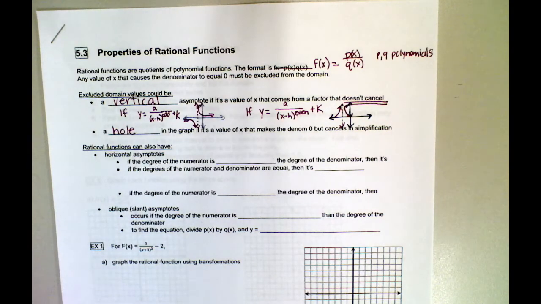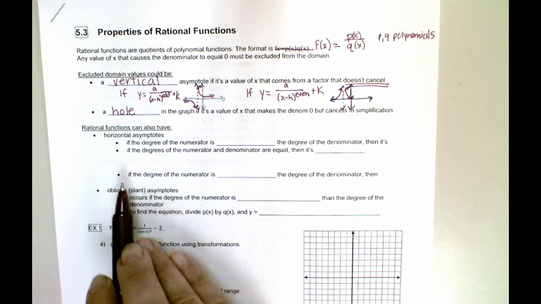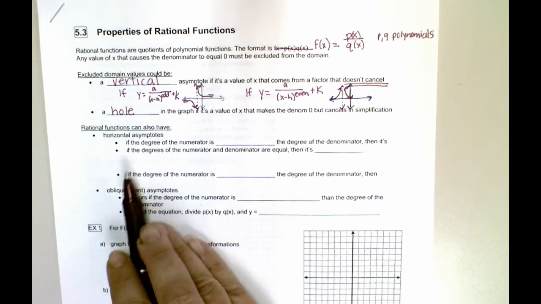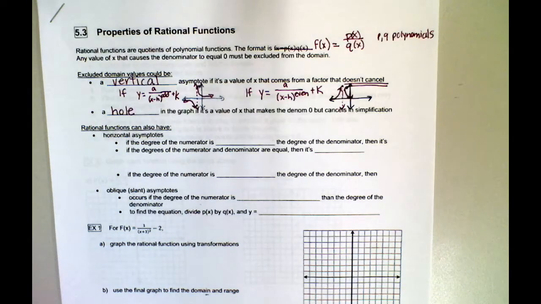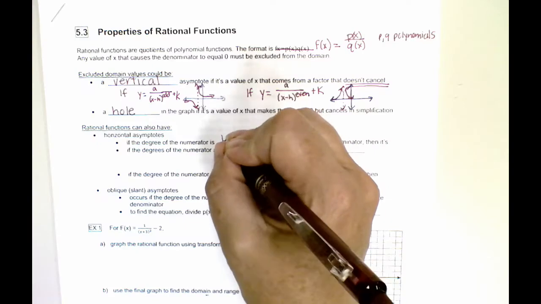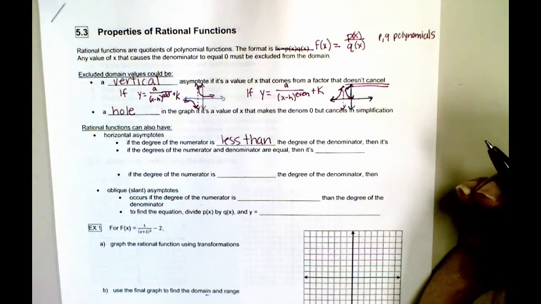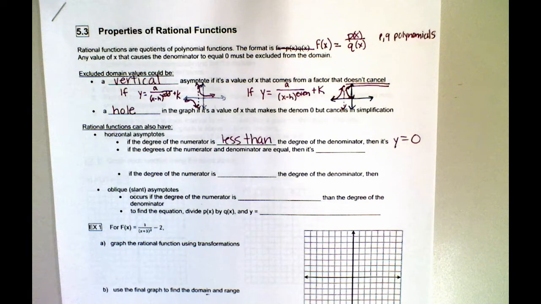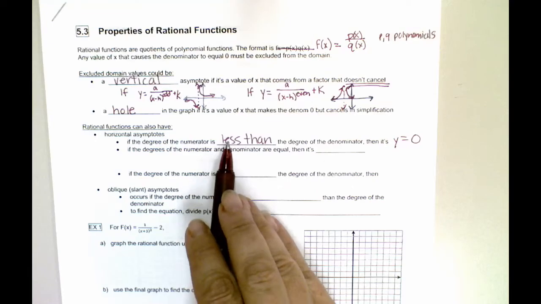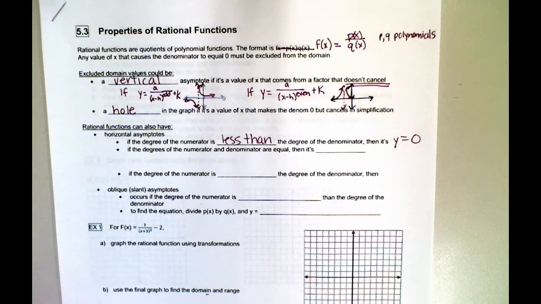So in addition to vertical asymptotes and holes in the graph, rational functions can also have horizontal asymptotes. Here are the rules, straight from Algebra 2, on horizontal asymptotes. If the degree of the numerator is less than the degree of the denominator, then it's y equals 0 for the horizontal asymptote every time. So if the numerator degree is smaller than the denominator degree, y equals 0 is your horizontal asymptote.